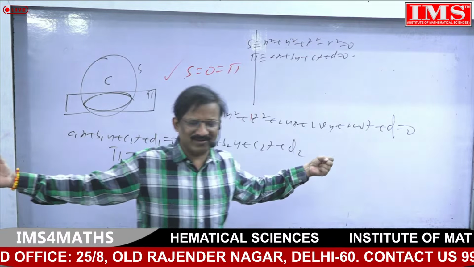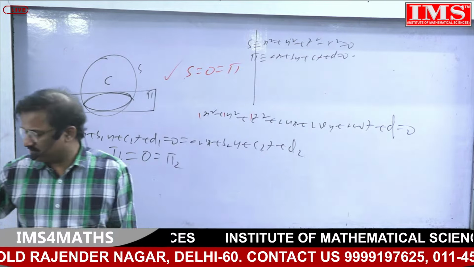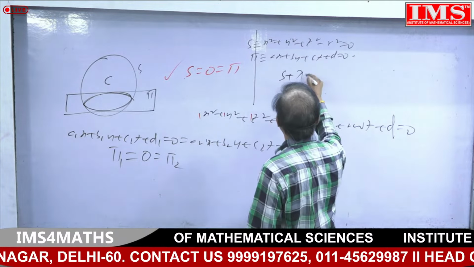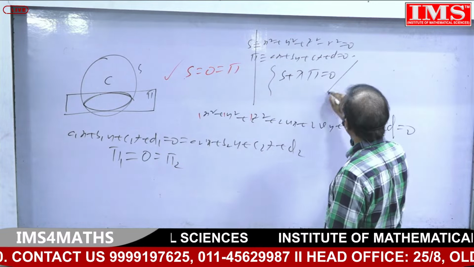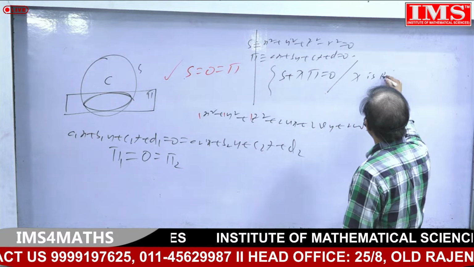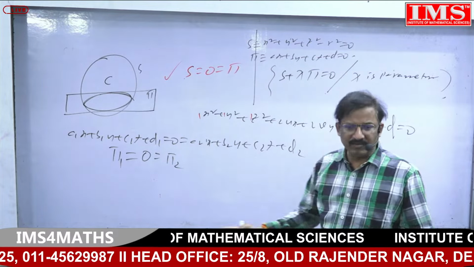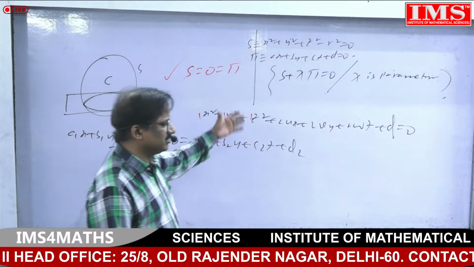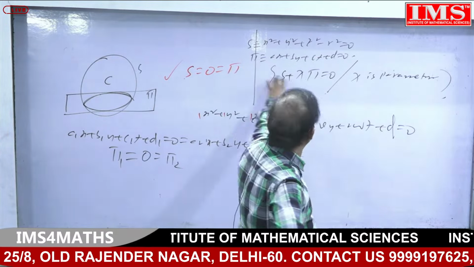Sphere. That sphere would be represented by S plus lambda pi is equal to 0, right? By keeping on changing my lambda, how many spheres can I get here? Infinitely many spheres I can get. That is the reason I can say this is a family of spheres through the circle of intersection.